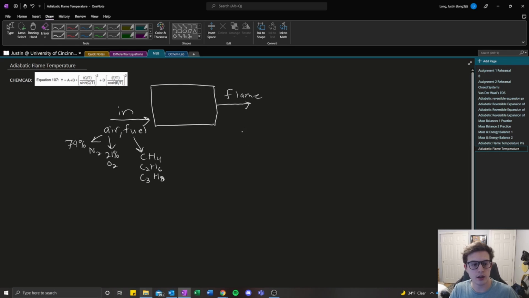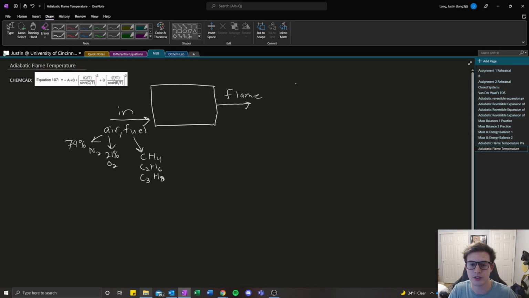And so what we're going to go ahead and do is do an energy balance. But before we do that and go through and write out the whole long equation, we can notice a few things that will allow us to simplify the equation quite a bit. We know that this is an adiabatic system. And what that tells us is that there's no heat being lost, and no additional heat going into this situation.